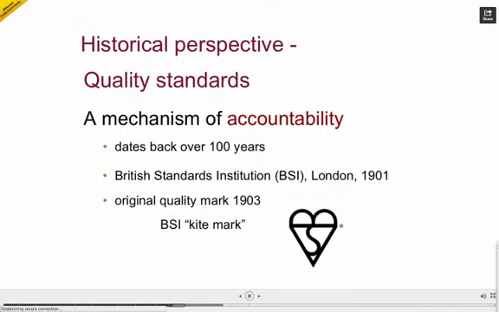For example, in England, the British Standards Institution was set up in the early 1900s and came out with what I think is the original quality mark, which we call in the UK the kite mark because of its distinctive form. And you will be familiar with similar things in the USA, like ANSI and others, which you'll look for when you buy a cycle helmet or something. And they help consumers make choices for things which are suitable for their purposes.